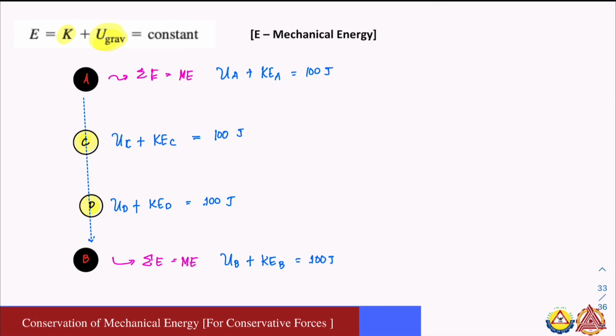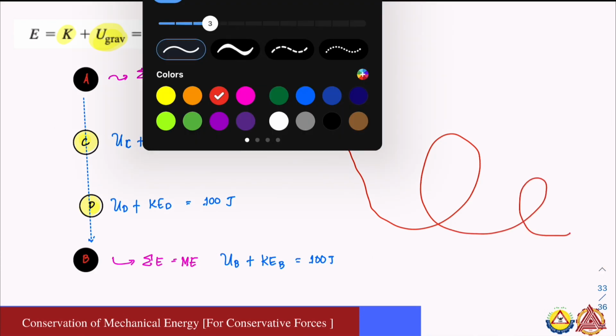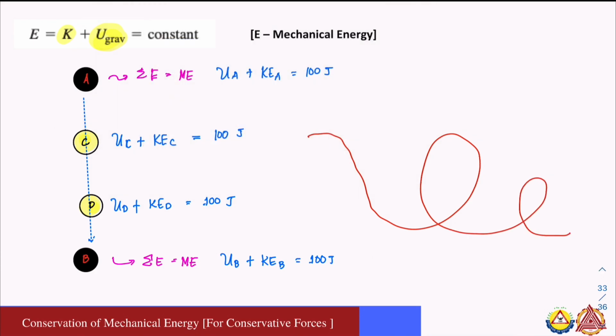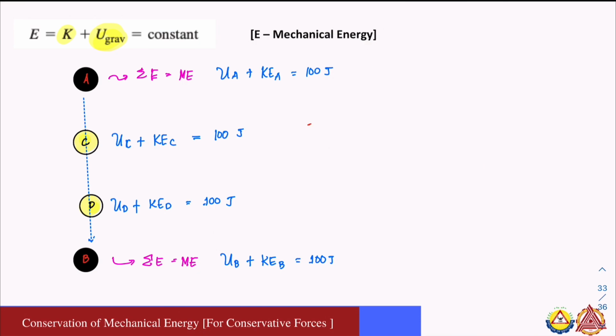So another thing for you to visualize before we deal with a problem is this one. I know this is very ideal and not realistic, but for the sake of discussion, let's just stick to this. You have a roller coaster and it has a loop over there and a second loop. I know it should be a perfect circle, but I will just try to make it a perfect circle.